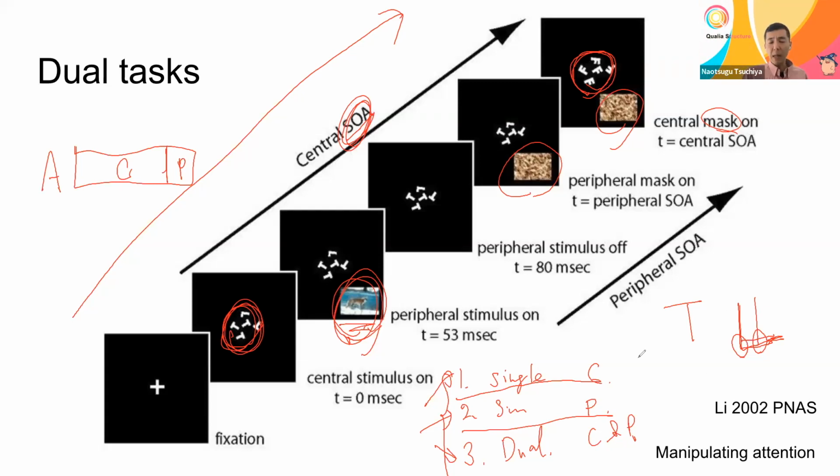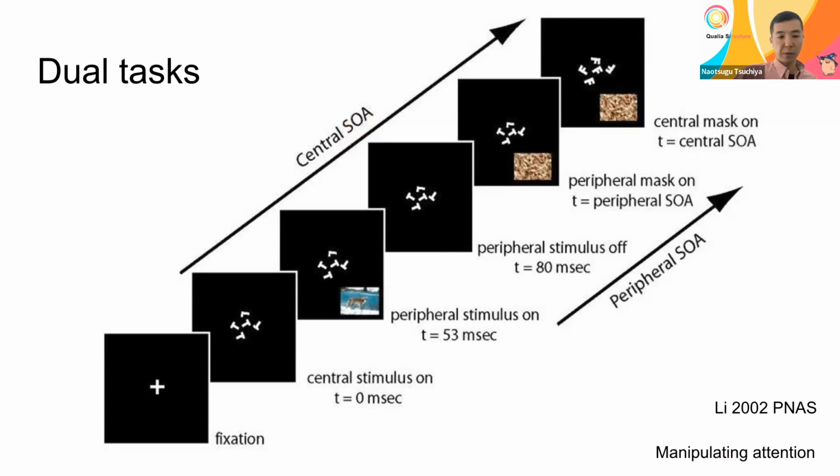If the central task is 70% and the peripheral task is also 70%, then both are reasonably difficult. The question is, when you try to do both at the same time, can you do it at 70%? Or can you do only 50% for one task while the other is 70%? So this is a dual task trade-off paradigm, okay? If there are any questions so far, ask me at this stage. Otherwise, we'll move on.